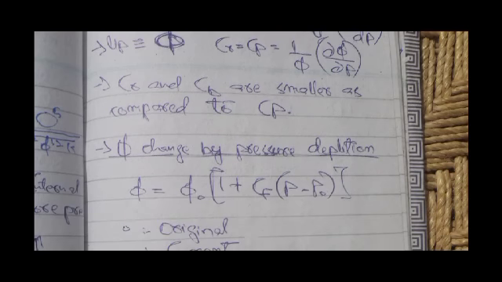The rock matrix compressibility and rock bulk compressibility are of very small magnitude as compared to pore compressibility, because a pore is an empty space.